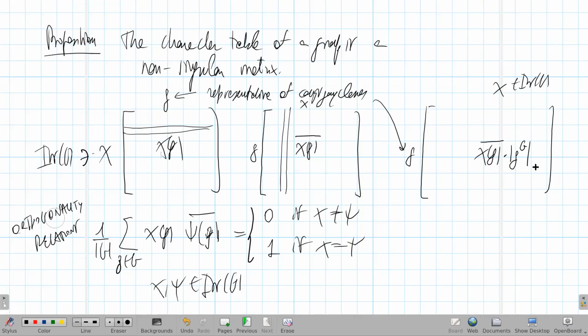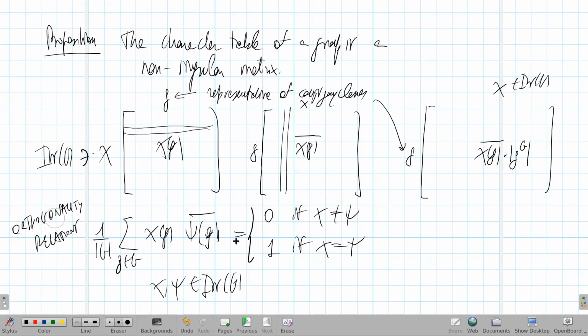So let's see what we get. The idea is simply to rewrite this. I'll first say it in words. Here we are summing over all elements of G. But as we know very well, the conjugacy classes form a partition of G. So you can split this sum over the conjugacy classes, okay?